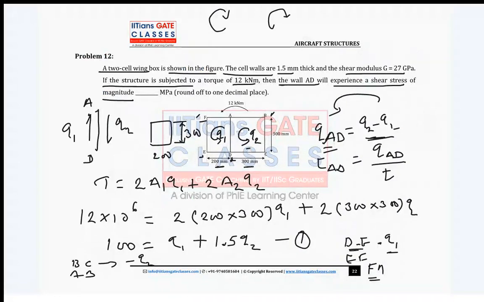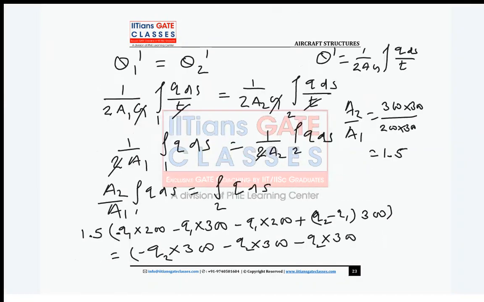Then we are going D to A. For D to A, what is your shear flow? It is Q1 minus Q2. If you go in the opposite direction, then it is minus Q2 minus Q1, into 300, right?